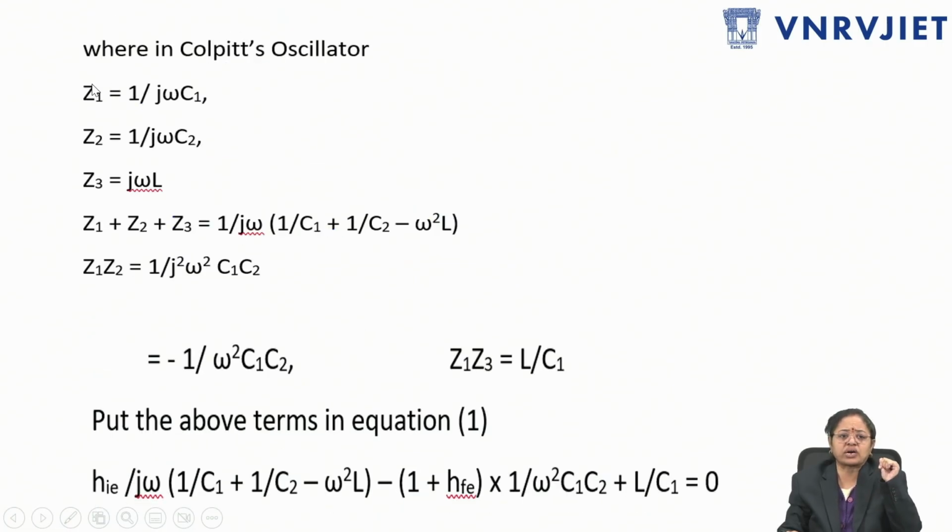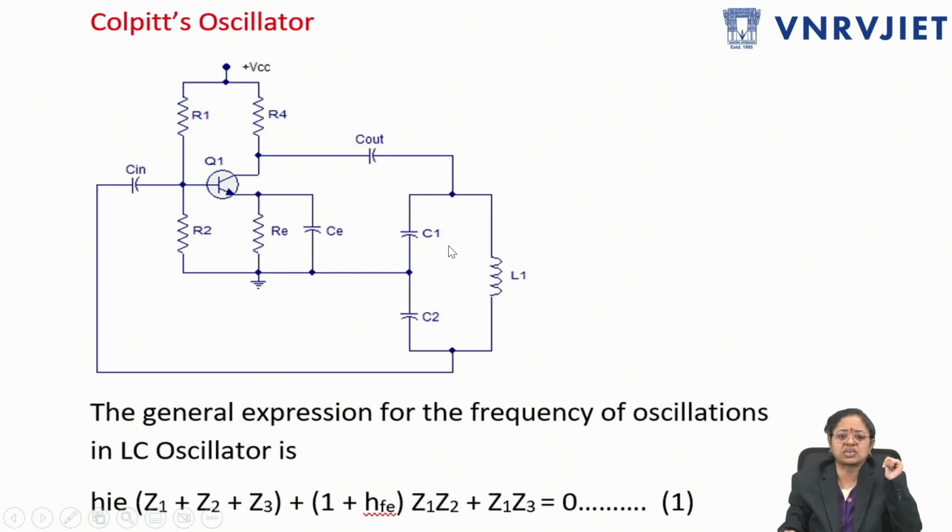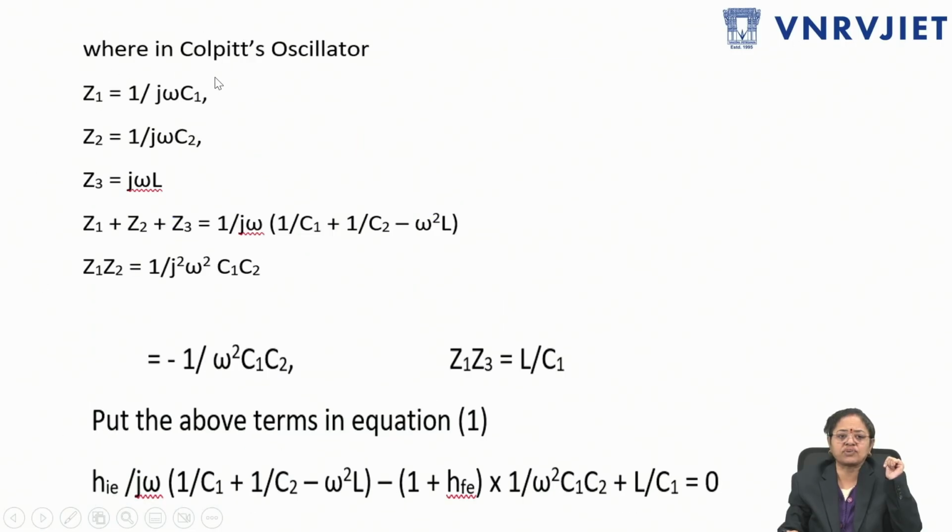In this equation 1, Z1, Z2, Z3 can be replaced with the components which we have used in the circuit. So coming to the circuit, we have used Z1 as C1 and Z2 as C2 and Z3 as L. So accordingly, we are substituting in place of Z1, 1 by j omega C, which is the reactance of the capacitance we know.